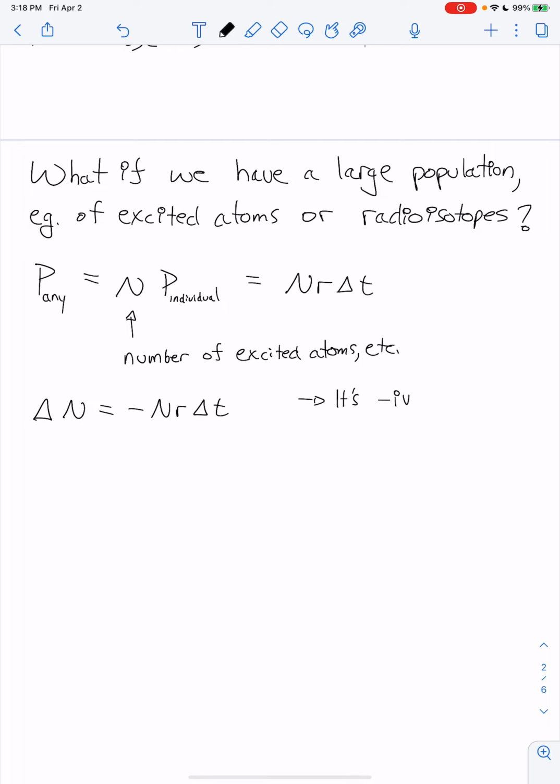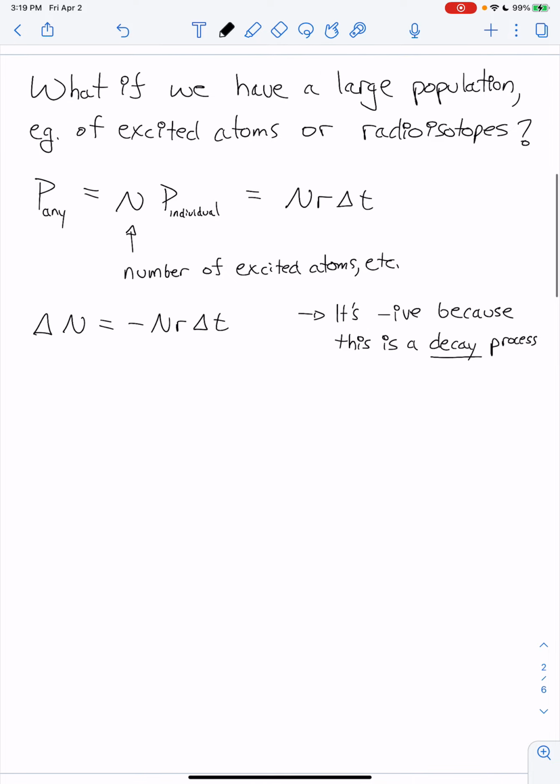It's negative because it's a decay process. It's going down. The number of excited atoms, for example, you start with is going to be declining based on this rate and the amount of time and the amount you start with.